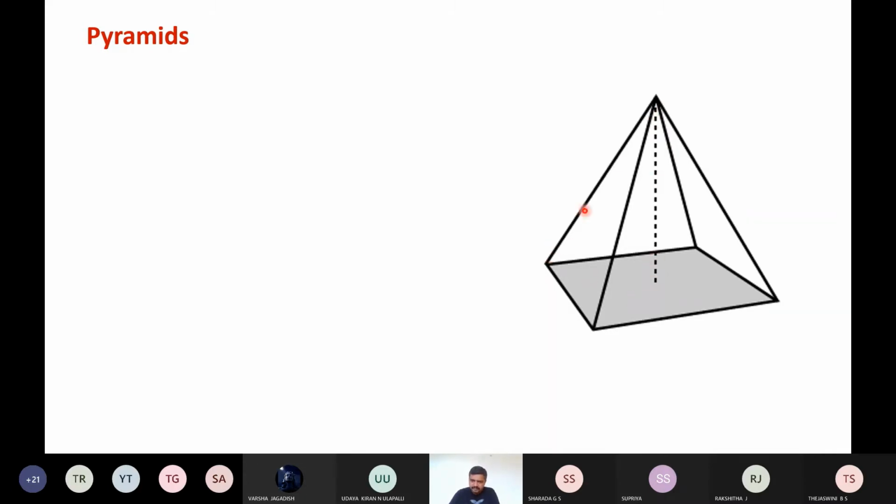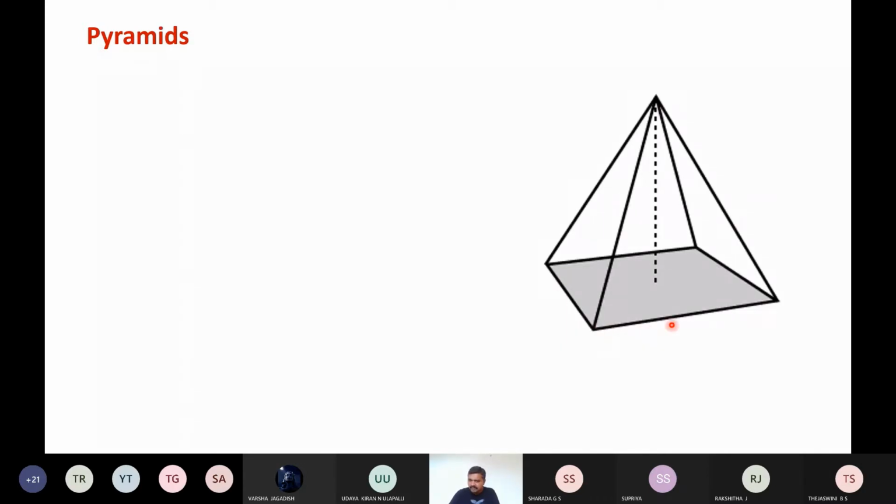Next, in case of a square pyramid, there are 4 edges. These are called slant edges or inclined edges because they are not vertical in orientation. They are inclined. That's why these four edges are called slant edges or inclined edges. Next, even the base consists of edges or sides.